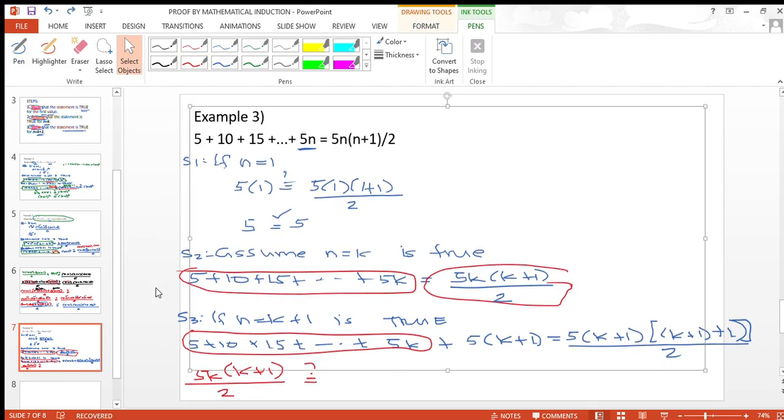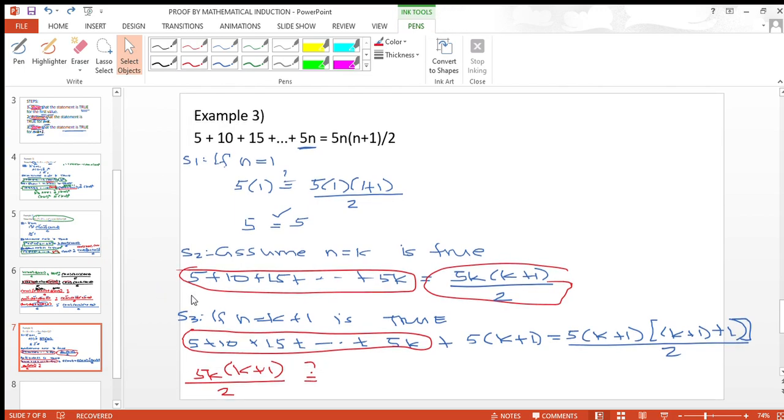Before we have that, I forgot this section. What we have here right now is this entire thing. I forgot this part. We have 5 plus 5 multiplied by k plus 1.